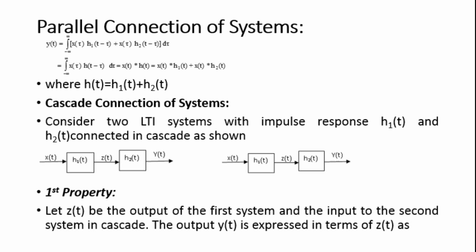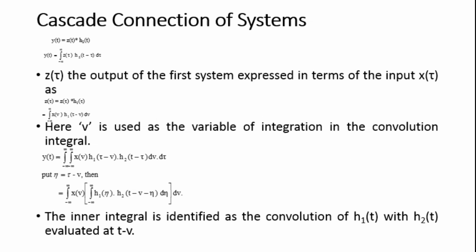The output y of t is expressed in terms of z of t as y of t is equal to z of t star h2 of t, or y of t is equal to the integration from minus infinity to infinity of z of tau into h2 of t minus tau d tau. z of tau is the output of the first system expressed in terms of the input x as z of tau is equal to x of tau convolution with h1 of tau, which is equal to the integration from minus infinity to infinity of x of v into h1 of tau minus v dv.